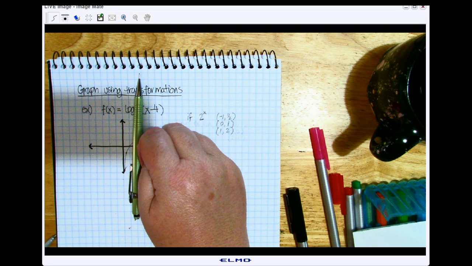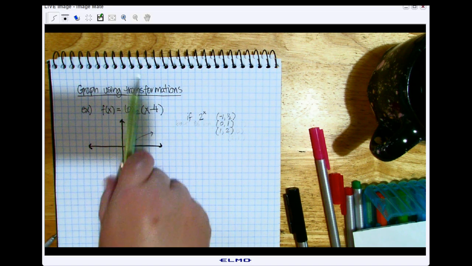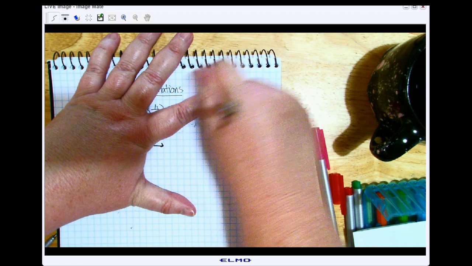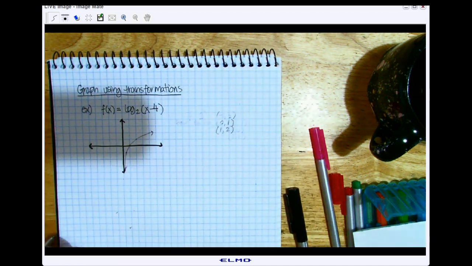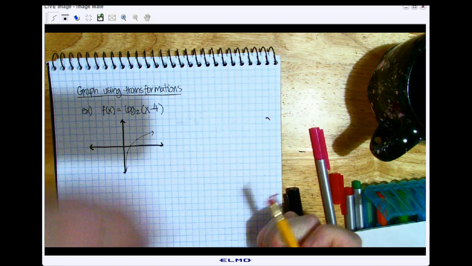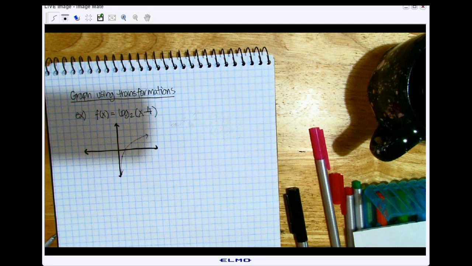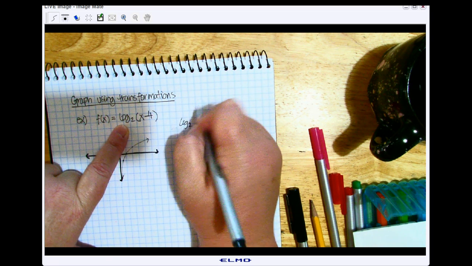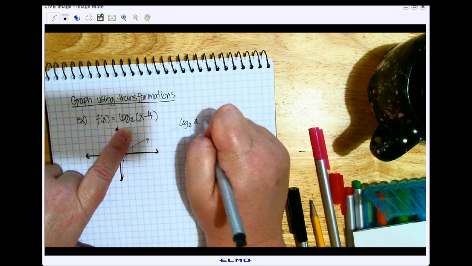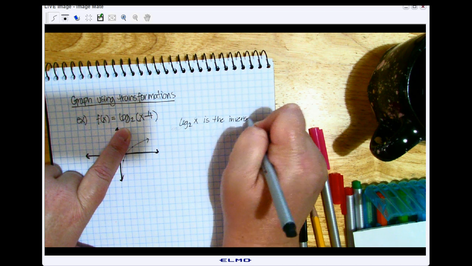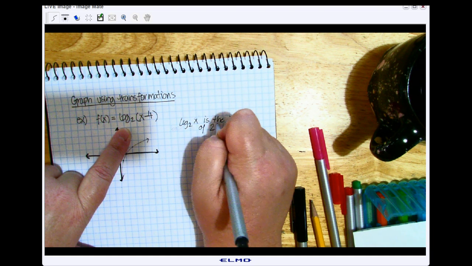Log base 2 of some value x is the inverse of 2 to the x power.